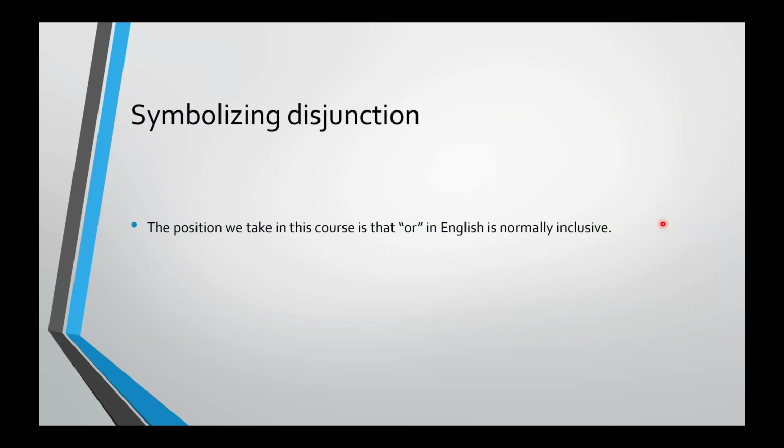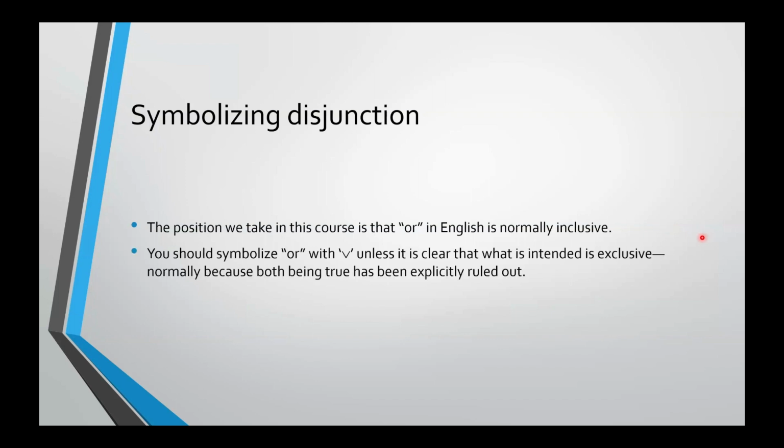What this means for your purposes is that if you have an or sentence, you can symbolize it with a wedge, unless it's clear that what is intended is exclusive. And this is normally going to be because the possibility that both of the disjuncts are true has actually been explicitly ruled out in the sentence.